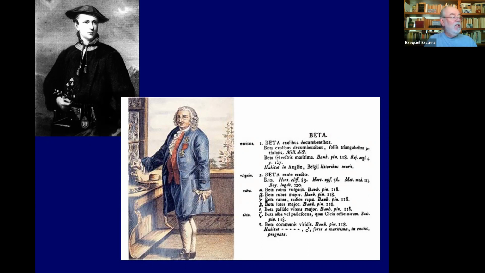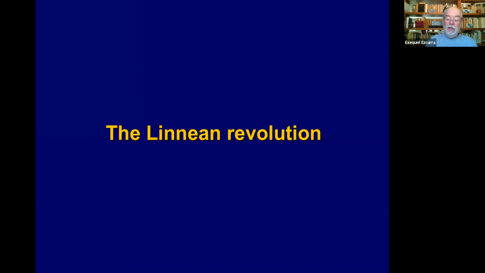So he established this system that really already existed of understanding plants according to a noun that joins together all plants that look very similar, like the beets or the oaks or the willows, and then putting an adjective to identify each one of the species. This very, very simple approach really brought a revolution in the way Europeans thought about science and nature.